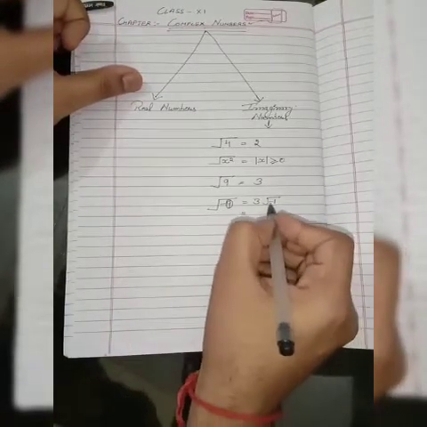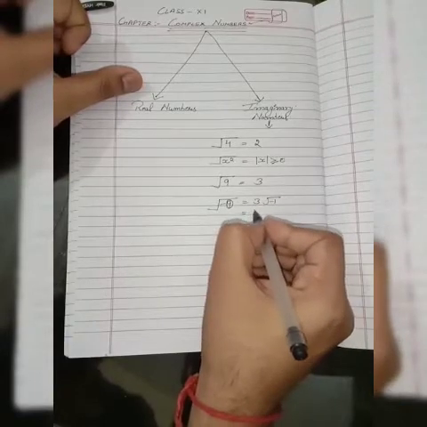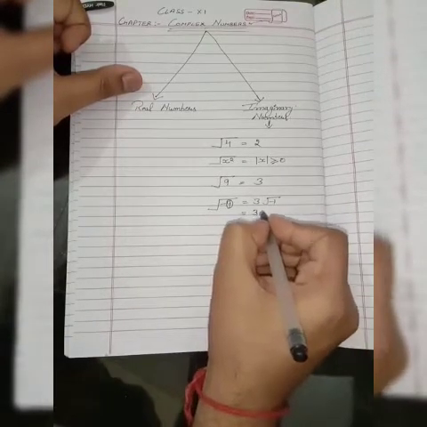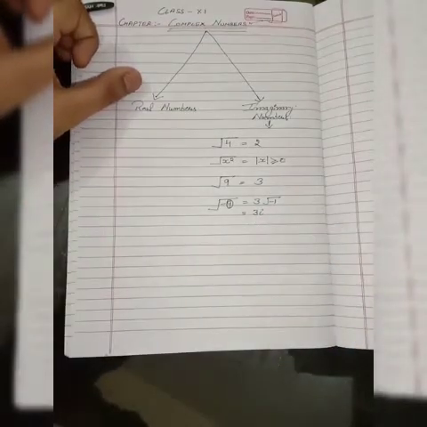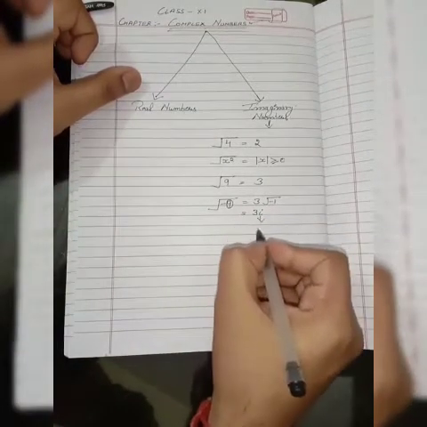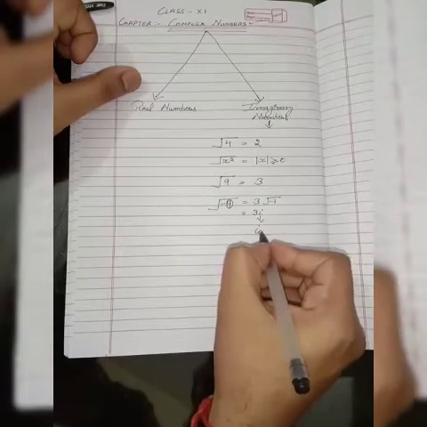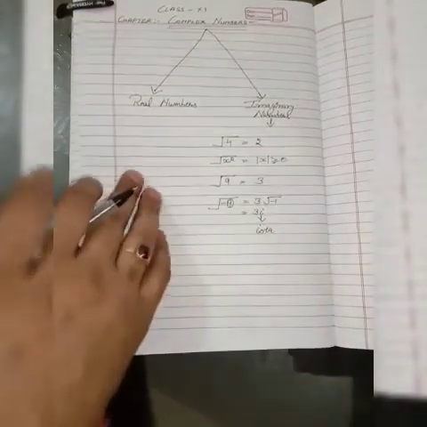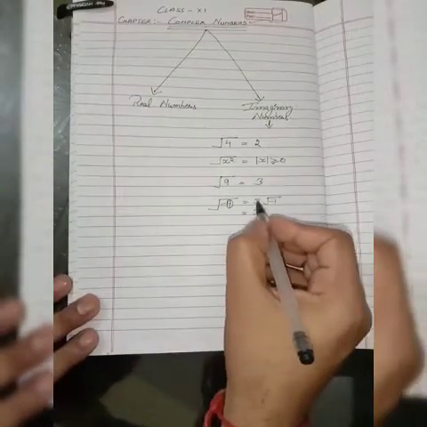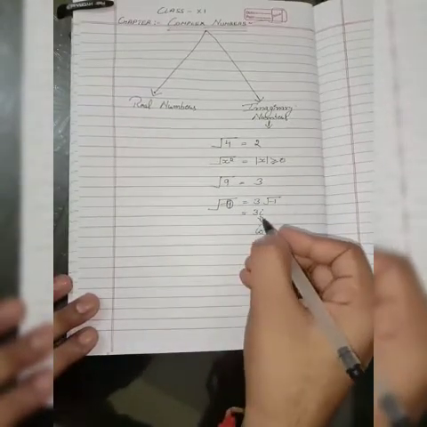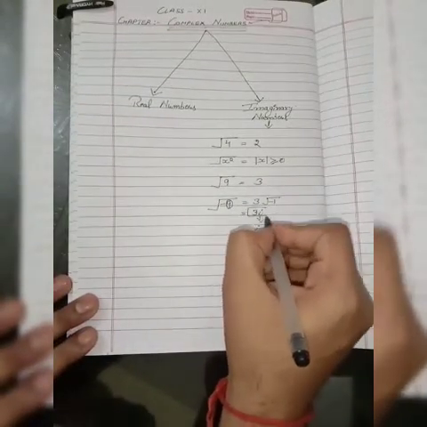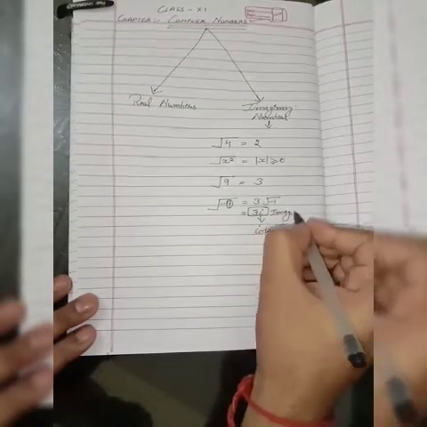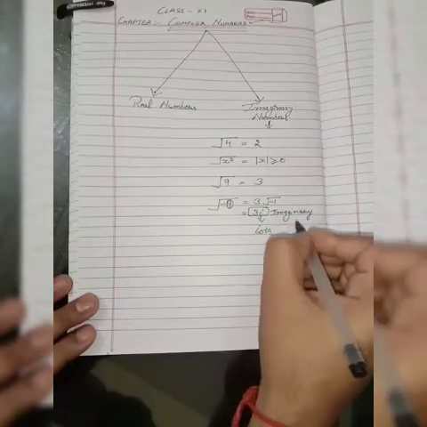When the negative sign comes out from the square root, it becomes I. I means iota, I-O-T-A. When the negative sign comes out from the square root, it becomes iota, and this number represents the imaginary number.